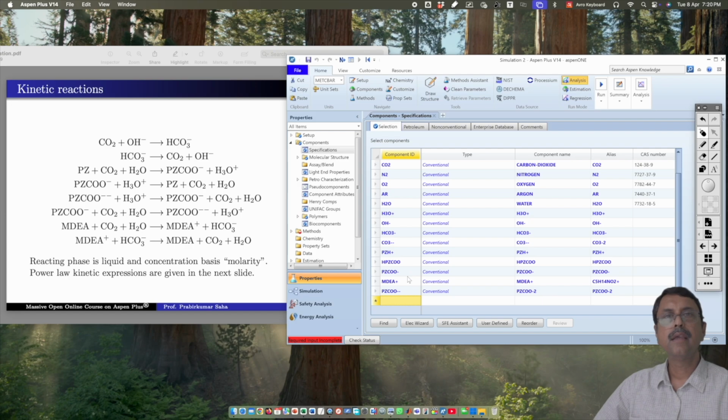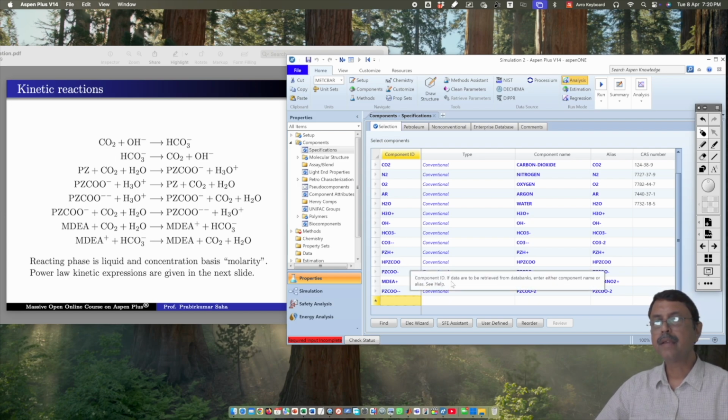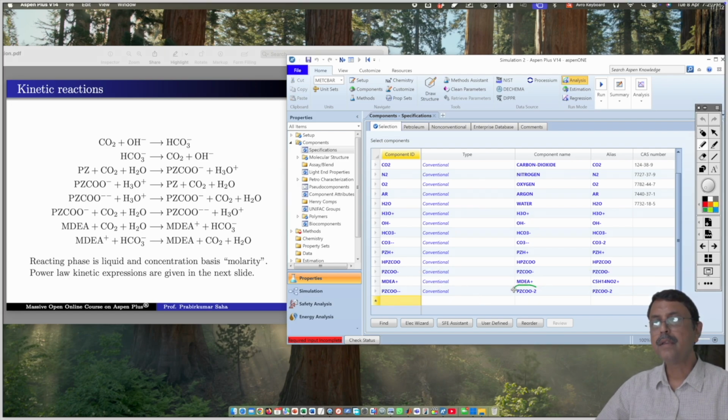So actually, in the Aspen Plus data bank, this component is regarded as PZCOO -2. Okay. So if you write PZCOO minus minus, it will not identify it, unlike CO3 minus minus. So you have to write PZCOO -2, then bring up the component as it will identify, and then you can change the name of the component for your own convenience.